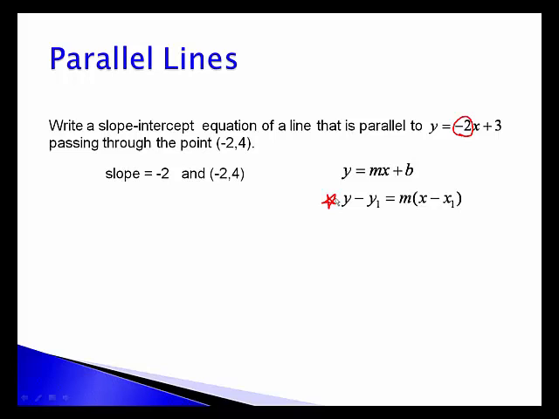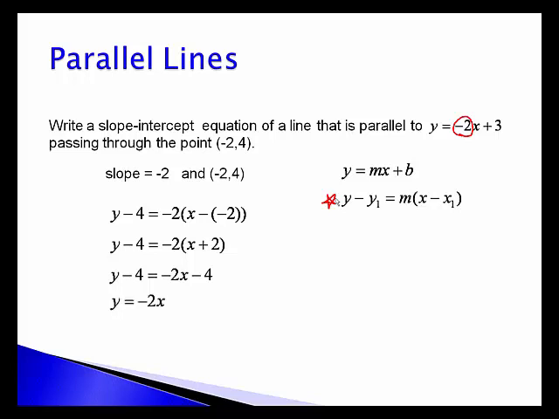So we need to plug in our slope and our x1 and our y1, and we get y - 4 = -2(x - (-2)). When simplified, that gives us y - 4 = -2(x + 2). Y - 4 is then equal to -2x - 4, and when we add 4 to both sides, we get y = -2x.